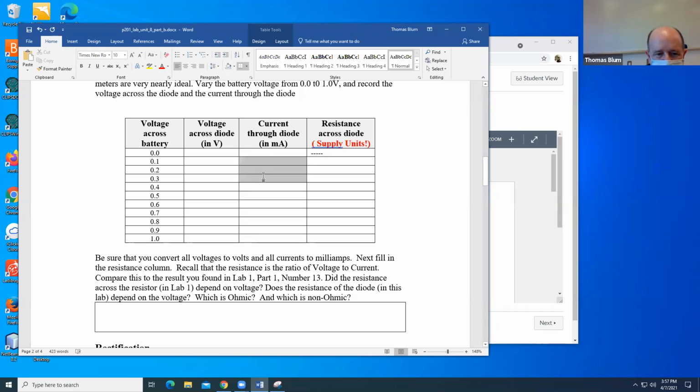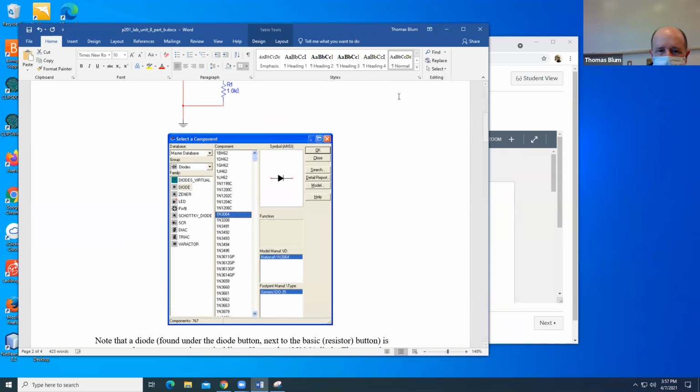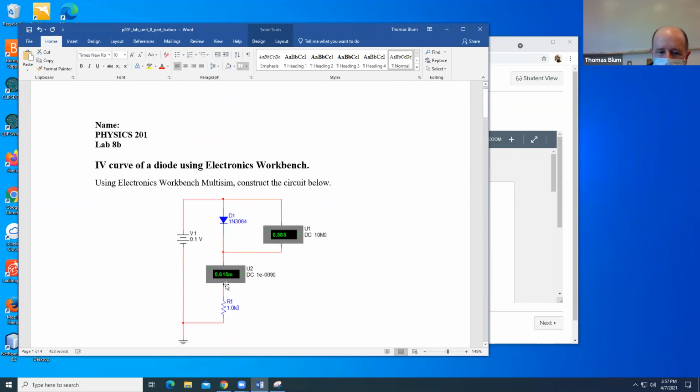Now, the problem here for, I don't remember exactly, 3 or 4 of these rows, is that the reading you'll get from the circuit won't be in milliamps. So this is not a number you're going to see.